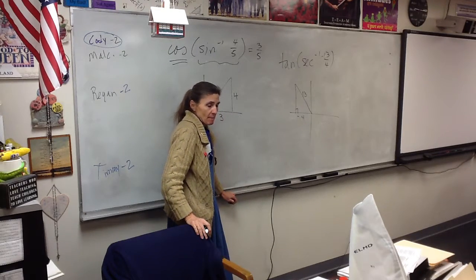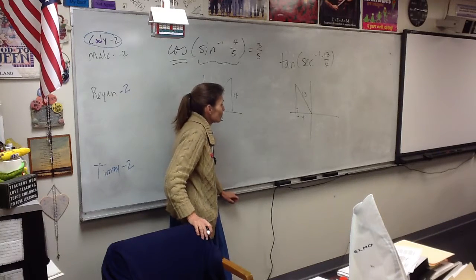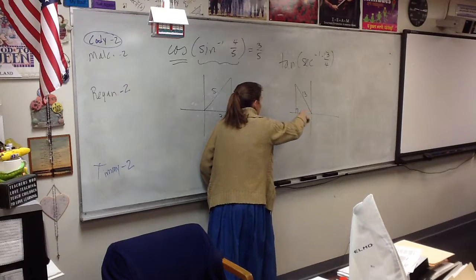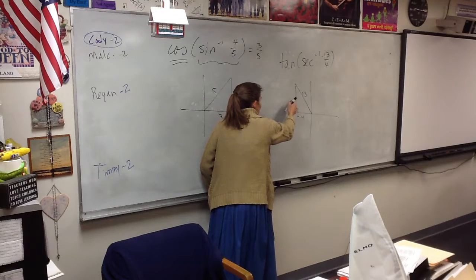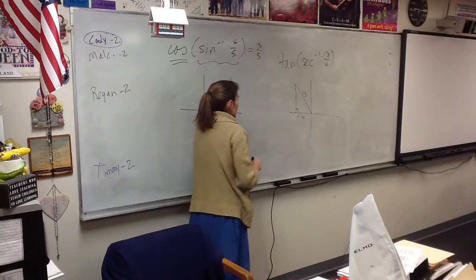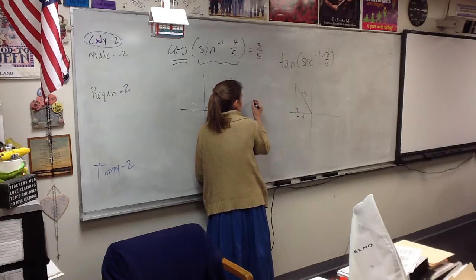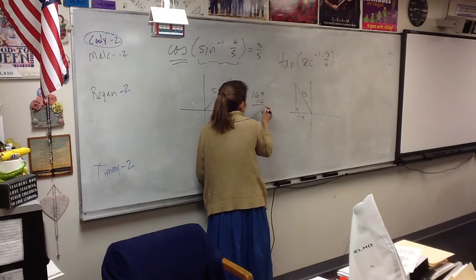All right, what's the next step? You're missing something in the picture. What are you missing? The other side. Do we need this side? Yeah, the triangle here. So let's see, that'll be 13 squared, so 169 minus 16.